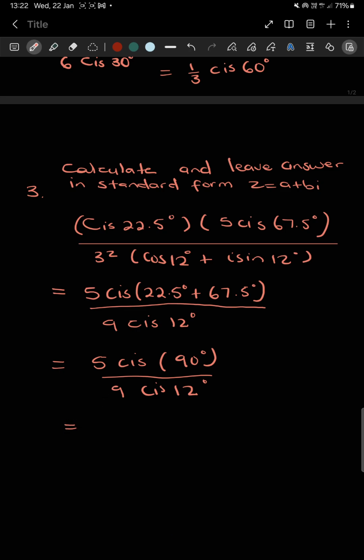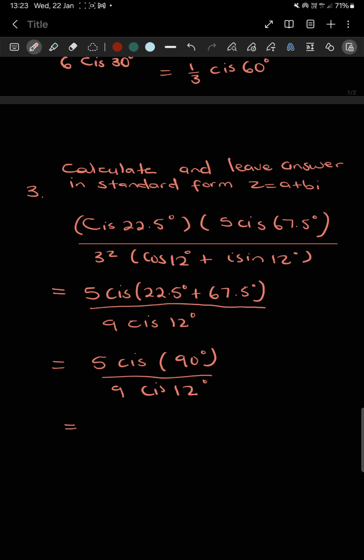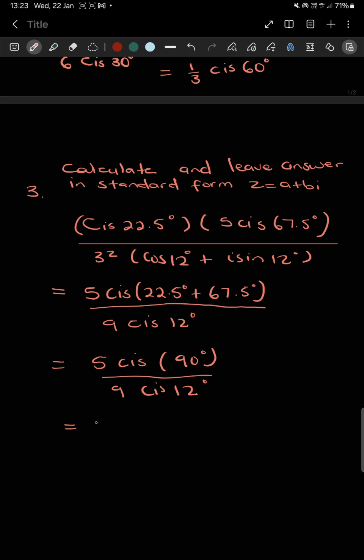All right, then you have your 5 divided by 9. I can leave it as 5 divided by 9. If I'm to leave it in decimal form, it's going to be 0,5 recurring, so it's going to be 0,556 in 3 decimal places.